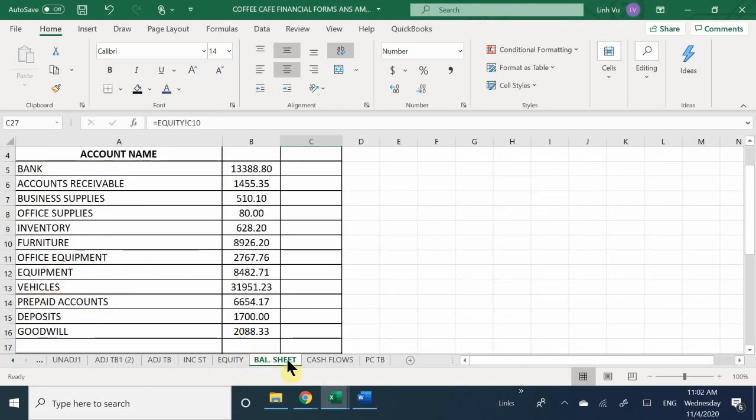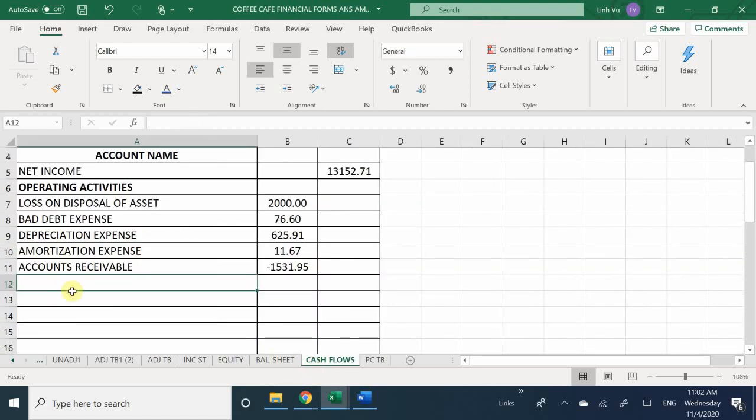For example, office supplies: did you utilize all of it yet? No, but you still have it, you already paid for it in advance. So that's what this notion is for the business supplies. You need to subtract it because this is money that you could potentially either use or sell.